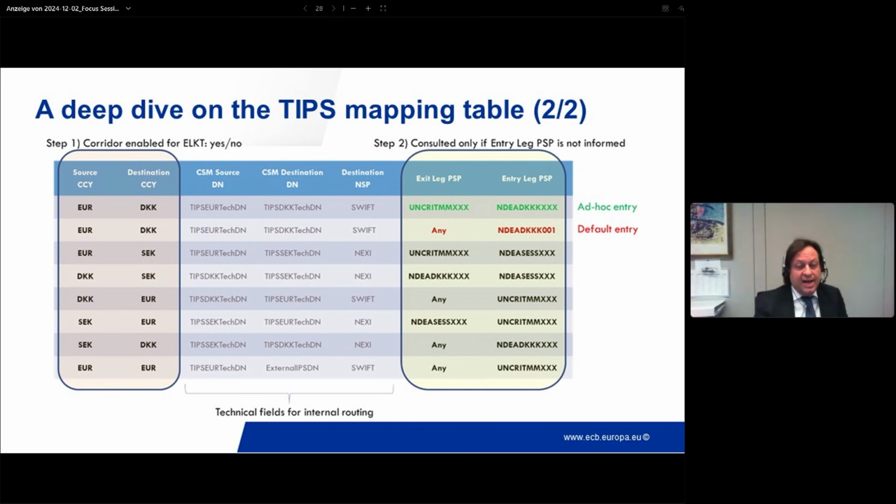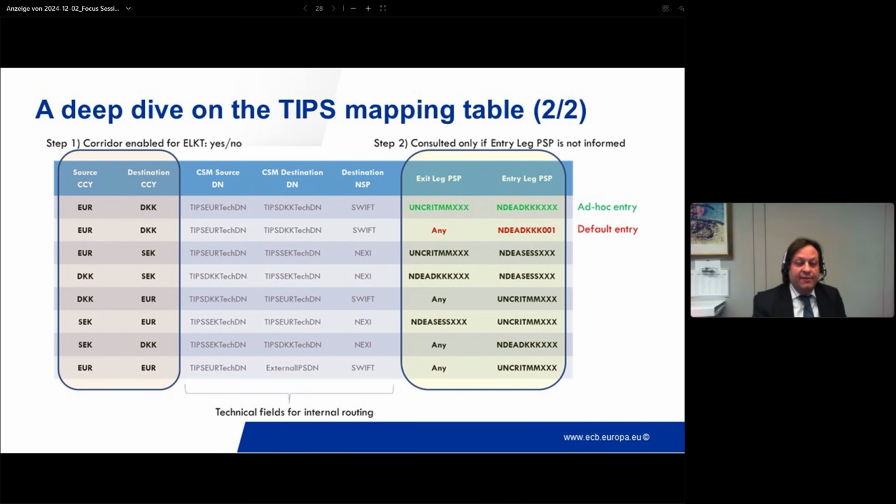On the left-hand side, as I mentioned, there is a first step of validation, just checking whether the pair of currencies, which is there in the payment message, can be settled through the enhanced link transaction model.